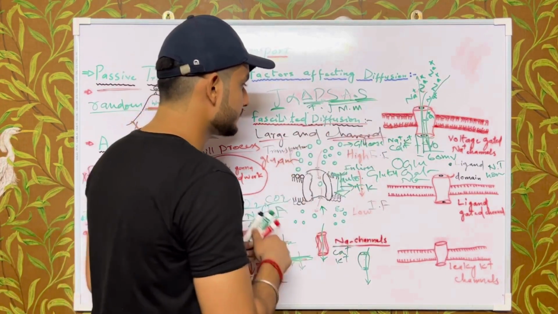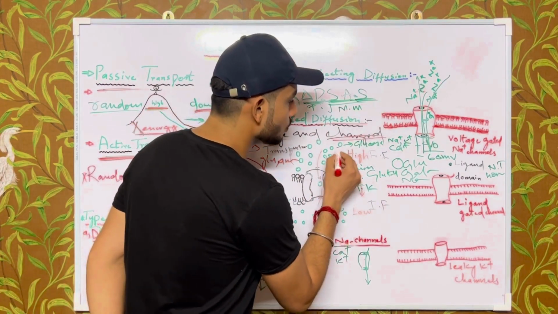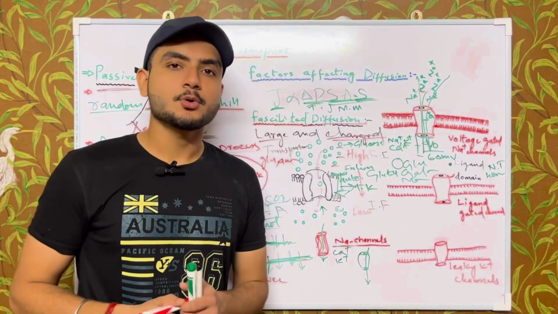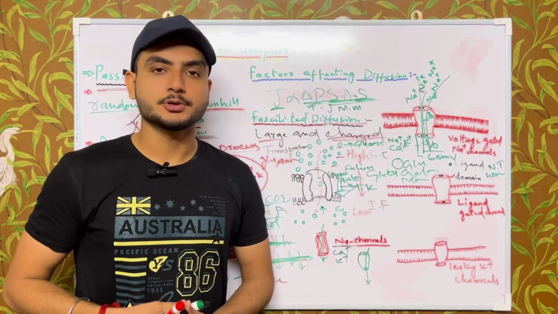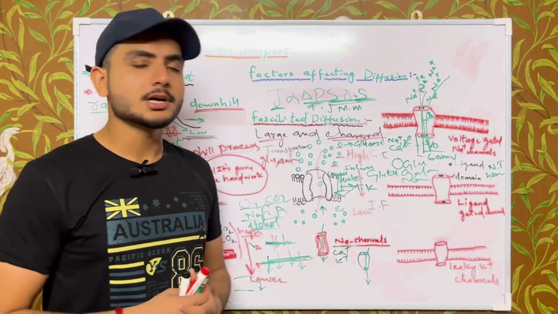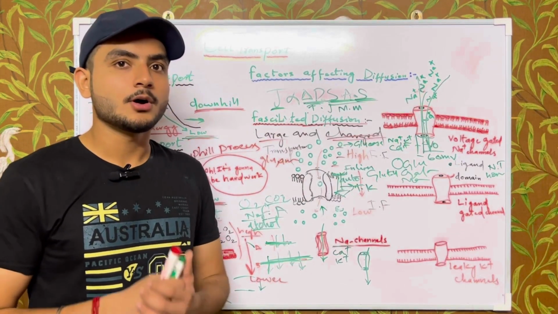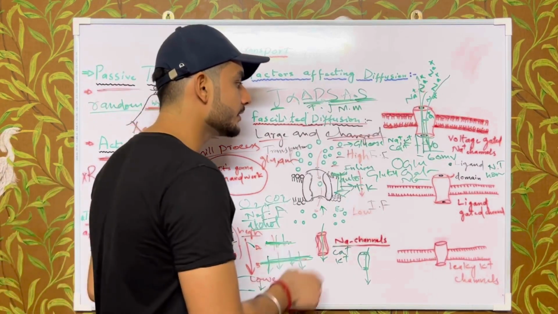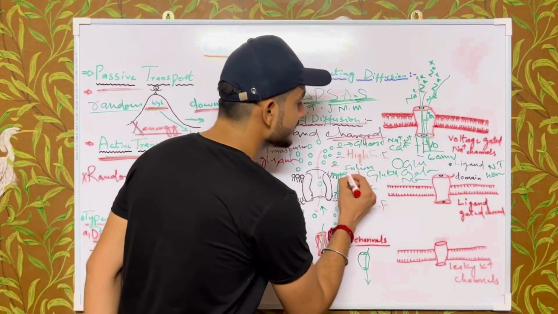Okay, so you can clearly see in this diagram, these are the glucose molecules. Glucose molecules are transported by the help of glucose transporters, also known as GLUT transporters. These transporters are of 14 types. Of these 14 types, glucose 4 transporter, GLUT4, is activated by the insulin.